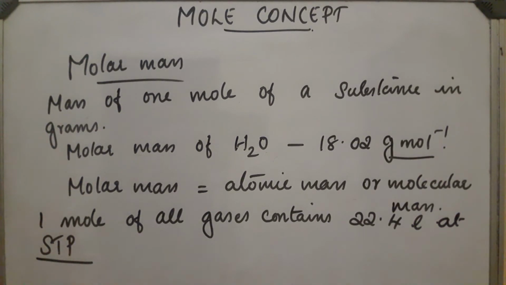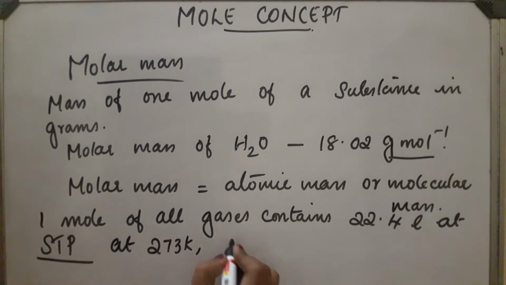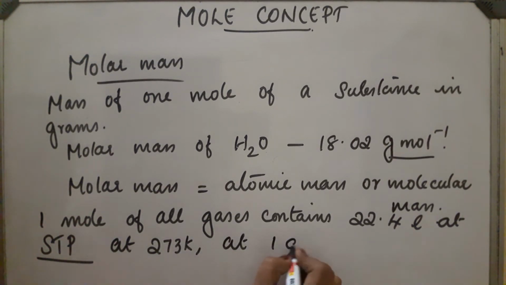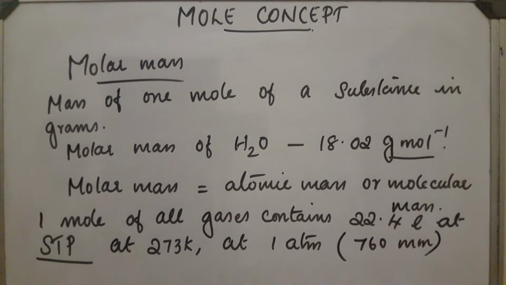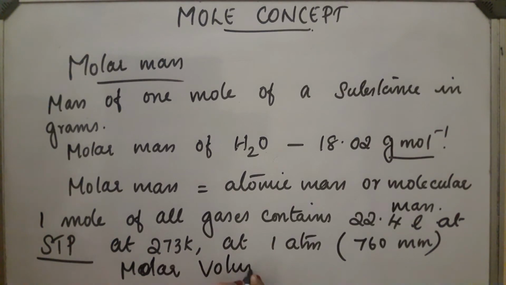The standard temperature is 273 Kelvin and pressure is 1 atmospheric pressure or 760 mm. So we can say that the molar volume, the volume of 1 mole of a gas, is equal to 22.4 liters.